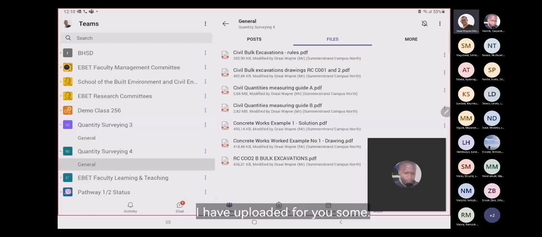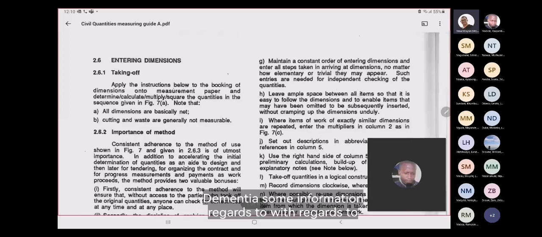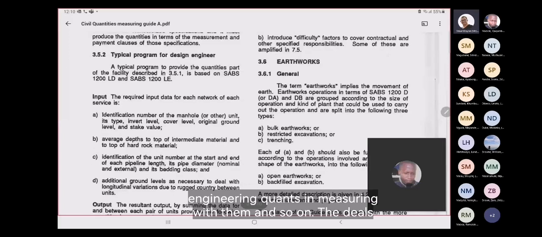I have uploaded some information with regards to different shapes that we use in civil engineering, quantities and measuring with them and so on. It deals with earthworks and some of those aspects that you can go through.